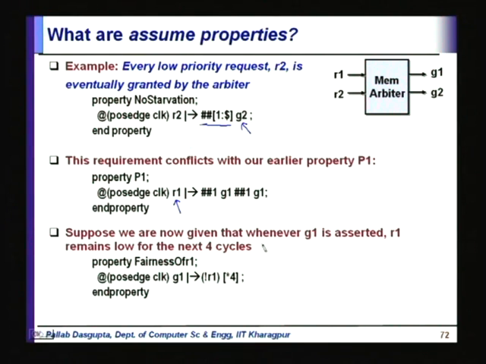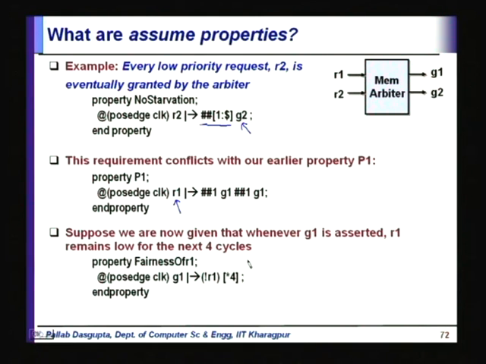We are given that whenever G1 is asserted, R1 remains low for the next 4 cycles. This is given to us. This is not a property of the arbiter. This is a property of the device which drives R1.